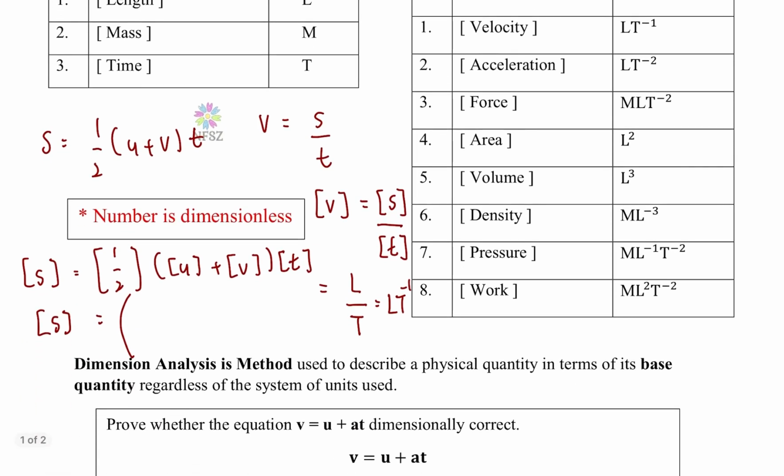So it becomes LT^-1 plus LT^-1, then times T.